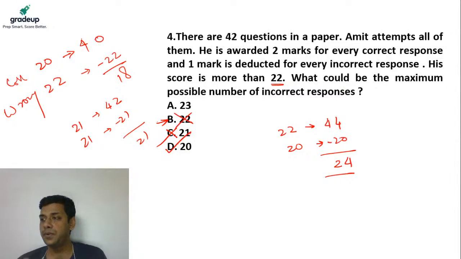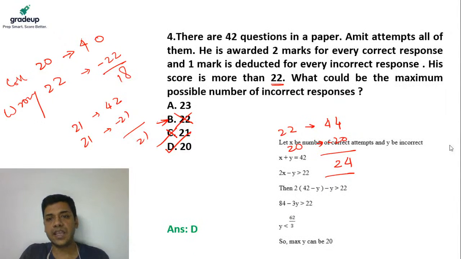The only catch here was, I have to attempt all the questions. I cannot afford to miss any question. The minute I miss a question, my number of wrong answers will also reduce. If my number of right answers reduces, my number of wrong answers will also reduce. My answer is D.